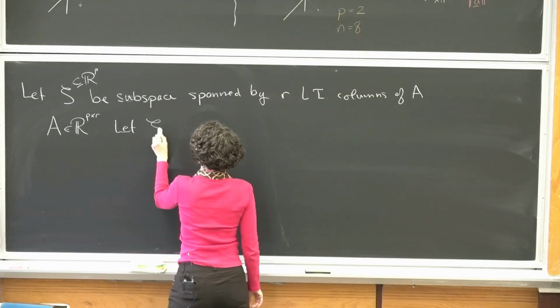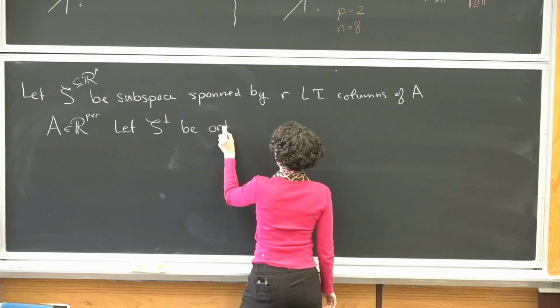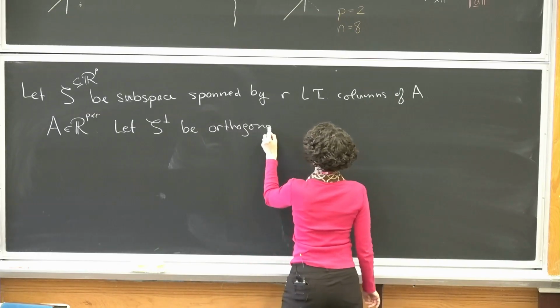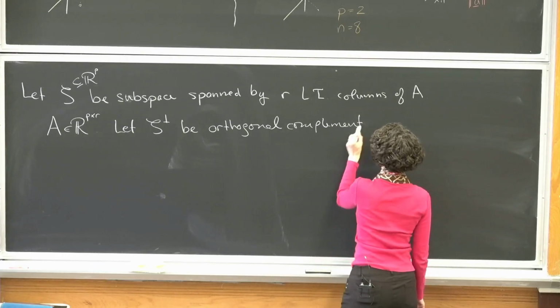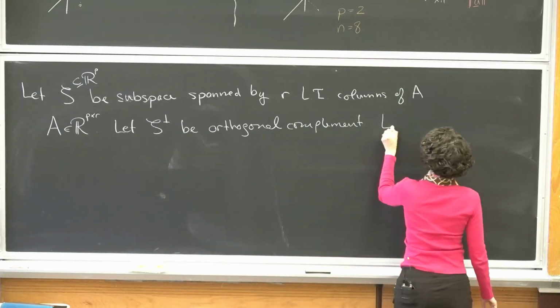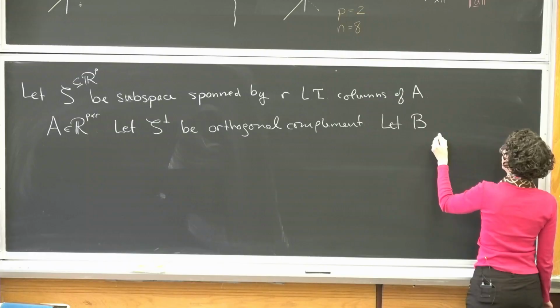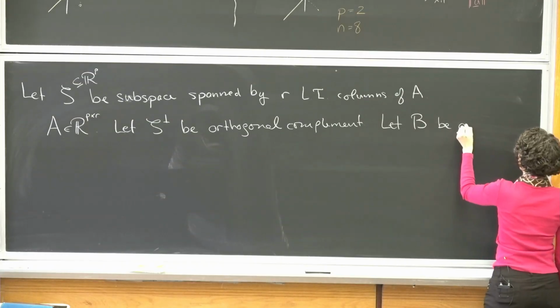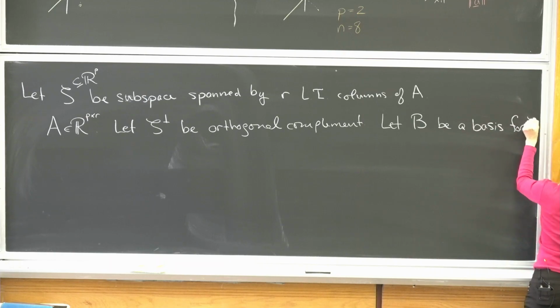Then we have S-perp as the orthogonal complement. And we are going to let another matrix B be a basis for this orthogonal complement S-perp.